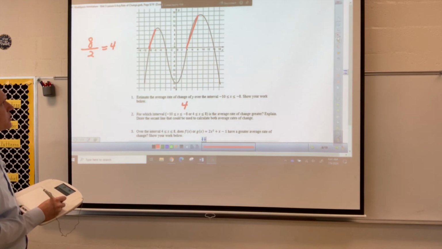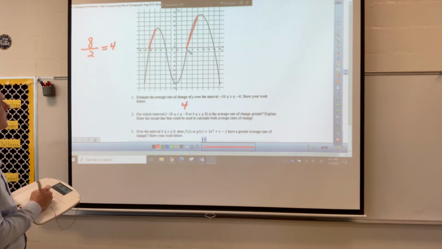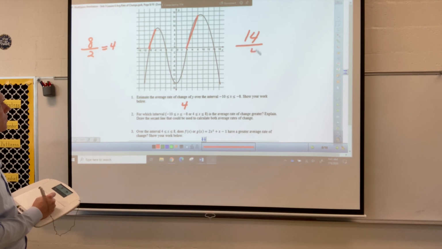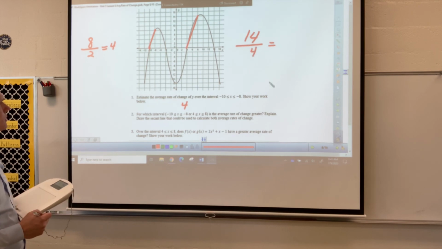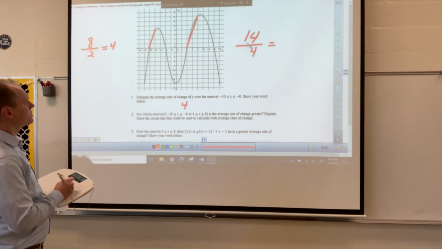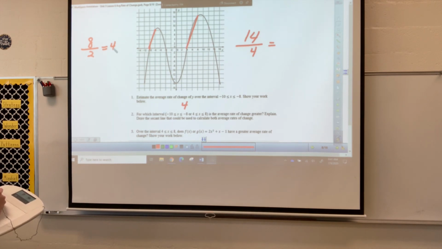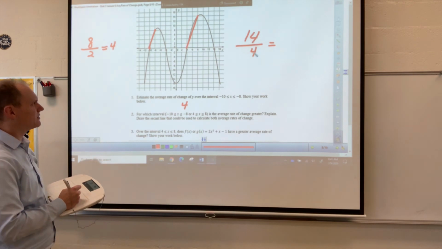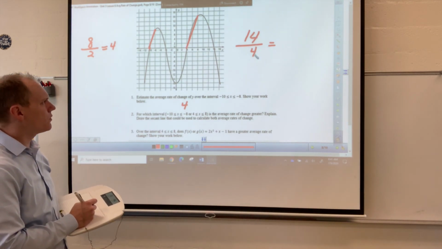Okay, so the change in y, it increased from here to here, increased 14, right? 0 to 14. So the change in y is 14. Change in x, which is this distance down here, it went from 4 to 8, is 4. So if we divide 14 by 4, let's compare it to 4 over here. If it was 4, this would be 16 divided by 4, but it's not quite 16 over 4.